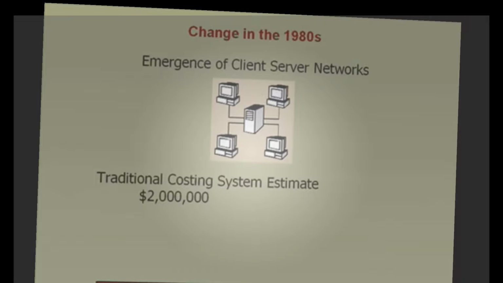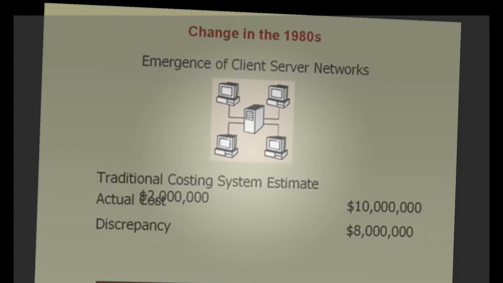The problem was that in most cases, the accountant got it wrong. Let me repeat, the accountant got it wrong. The actual cost turned out to be more than triple. In our example, let's assume that the actual cost was around 10 million. So, you spent 8 million more than anticipated.